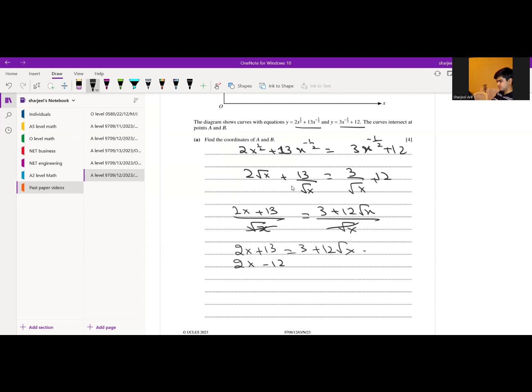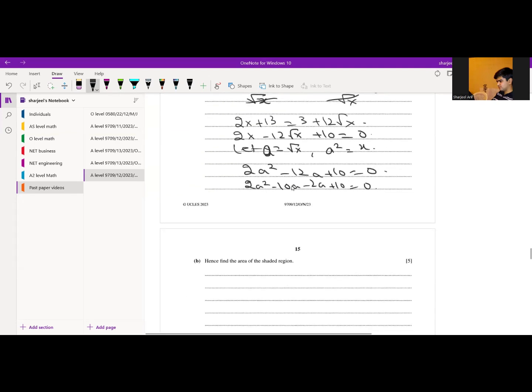Change the positions. So that would be our simplified form. Let a equal square root of x. So a square will be equal to x. So the equation will become 2a square minus 12a plus 10 equal to 0. So the two factors will be 10 and 2.